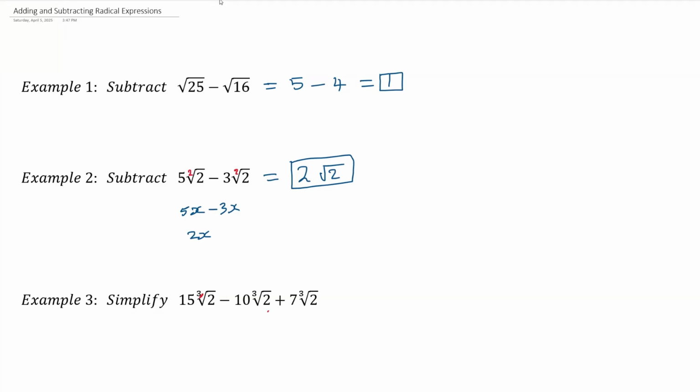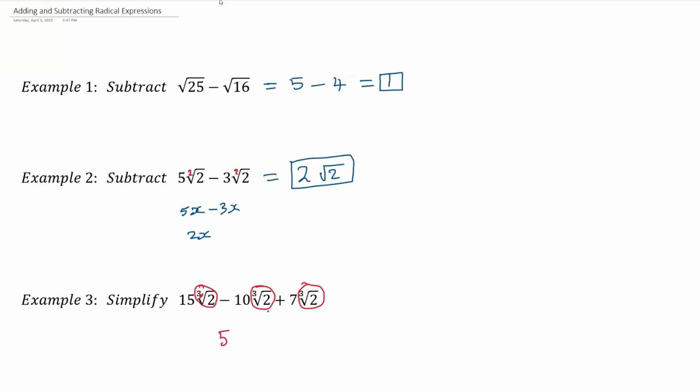So that means they are like terms, right? This is the exact same thing as this, and the same as this. So we just need to look at the coefficients. Just need to sum up the coefficients and we're done. So first you need to figure out what is 15 minus 10. So 15 minus 10 is just going to be 5.